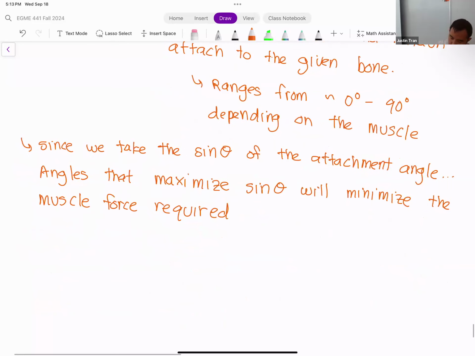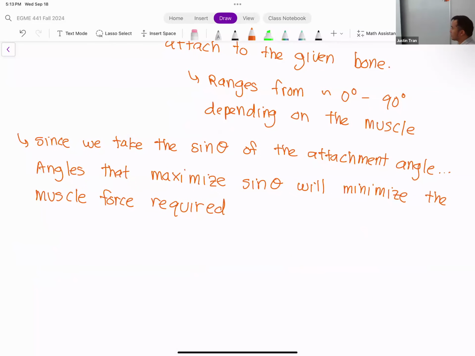If you think about the sine of an angle, what angles are going to maximize sine?